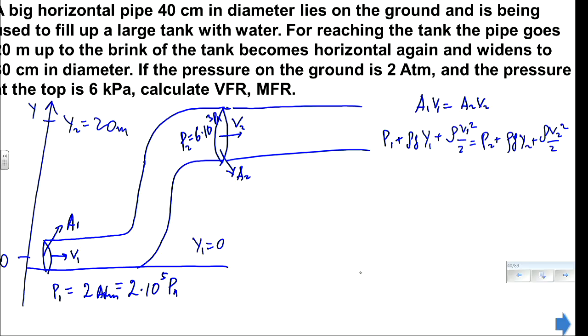So the continuity equation says pi times 40 centimeters divided by 2 squared times first speed should be equal to pi times 80 centimeters over 2 squared times V2.